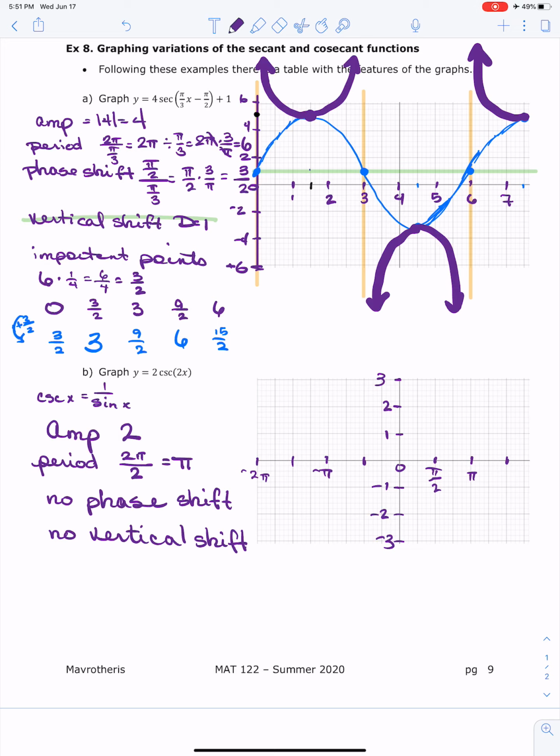Okay, now I'm going to go ahead and just graph my sine function. Sine starts at 0, 0. I know that pi over 2 is my max. Did I just say pi over 4?